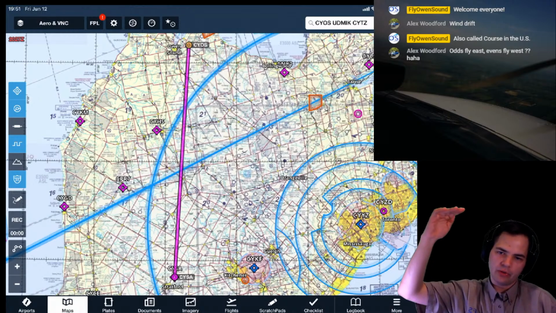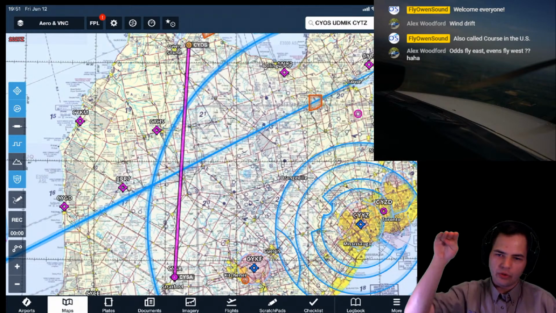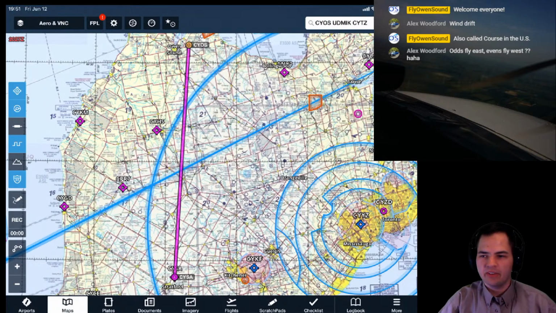How high above the ground do you need to get for that radio reception distance to get around the curve of the not flat Earth? What do you think? Take a wild guess. What do you think is the amount of altitude you'd need?